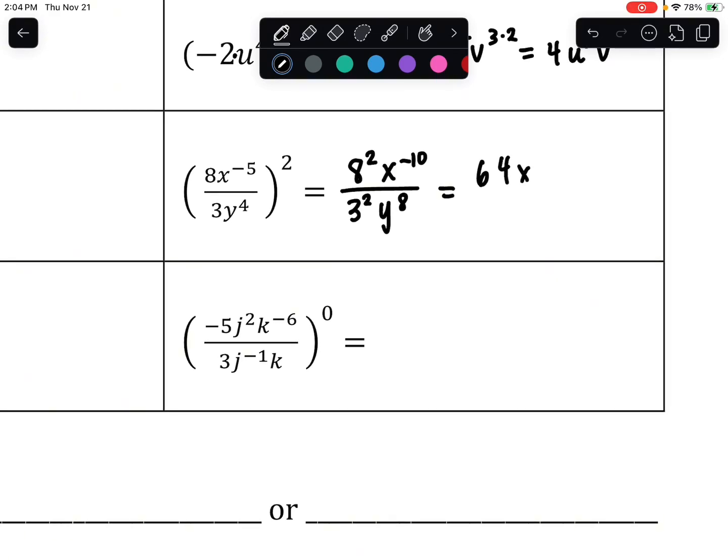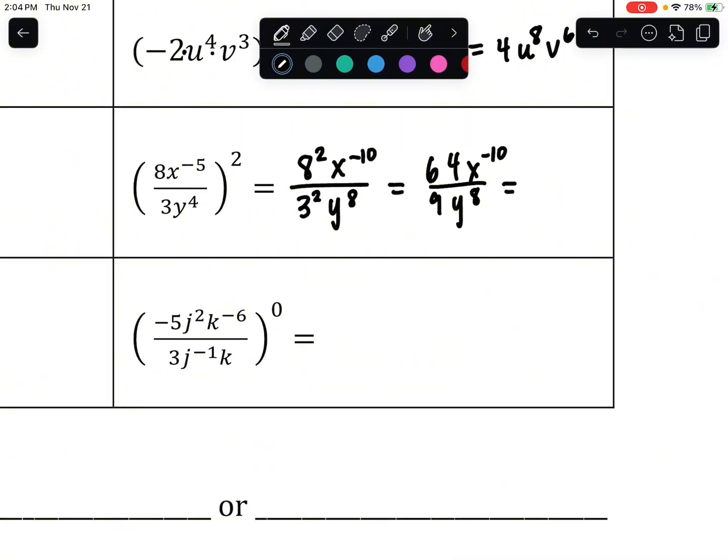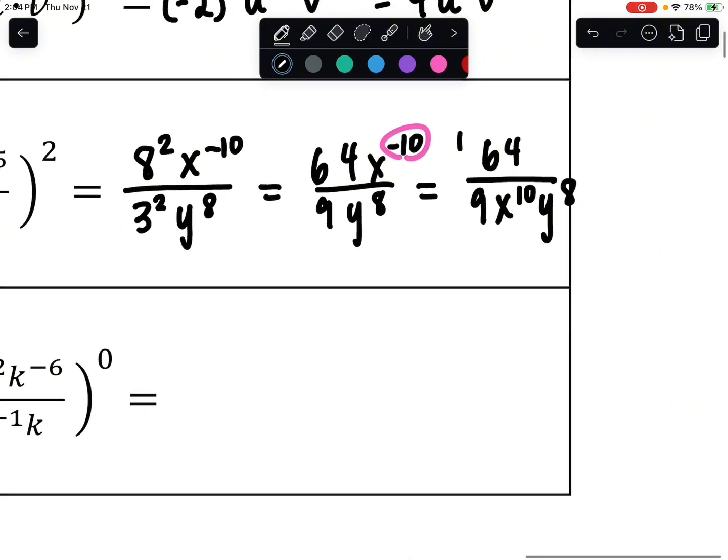And so this would become 64x to the negative 10th, 9y to the 8th, and then for your final answer, make sure to take care of this negative exponent. Everything else stays where it is, except the x to the 10th should be on bottom with the y. And usually we write our variables in alphabetical order.